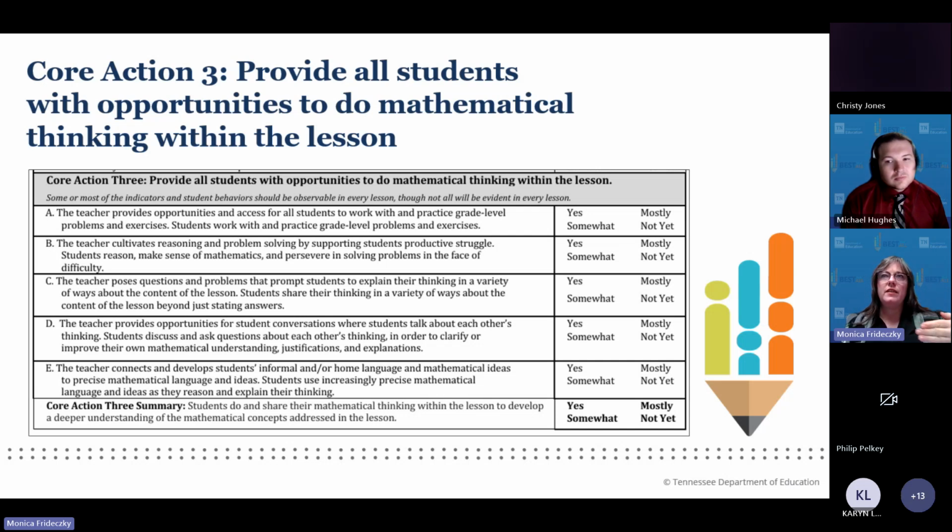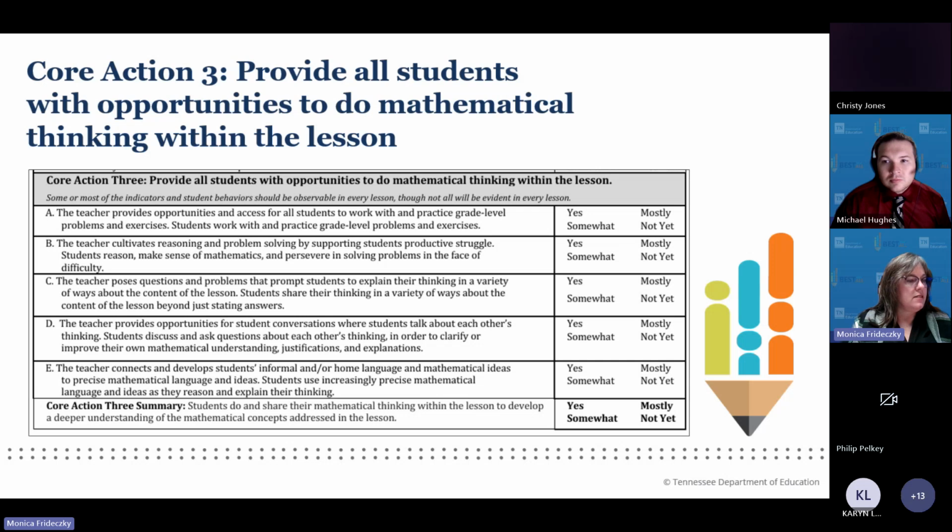We can always tell when the norms of the classroom are supporting students in doing core action 3 when the teacher poses certain questions and she's not looking for just one answer. There could be a variety of explanations, answers, and justifications.